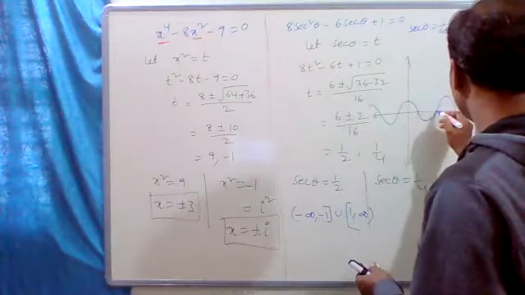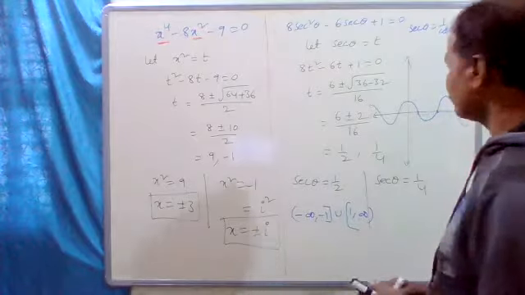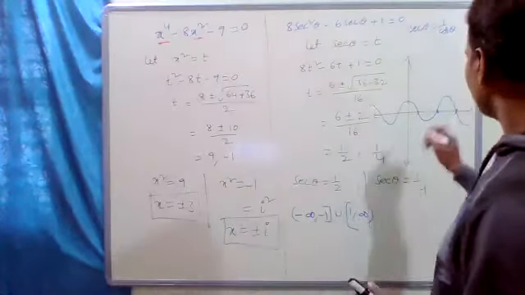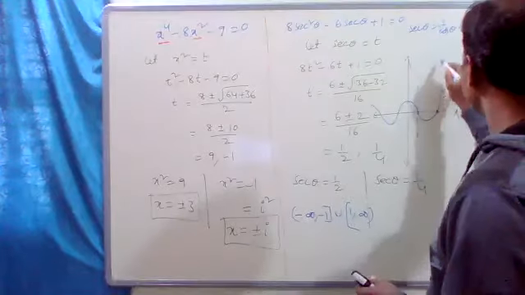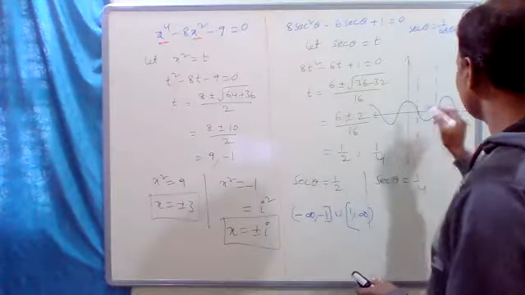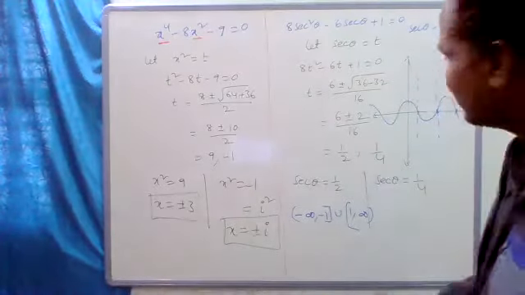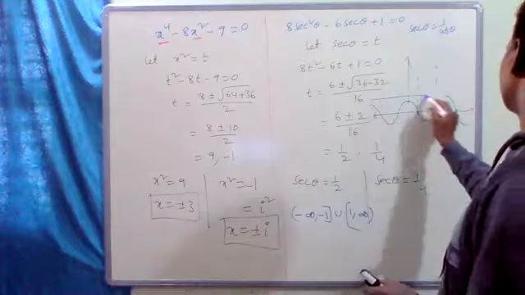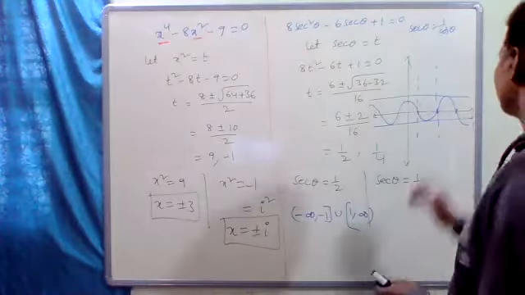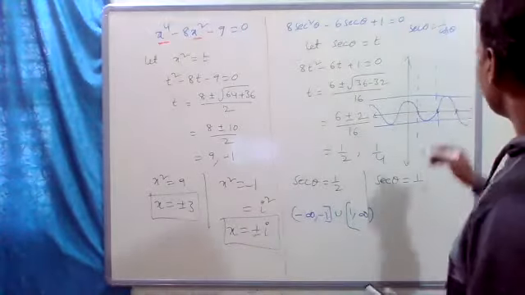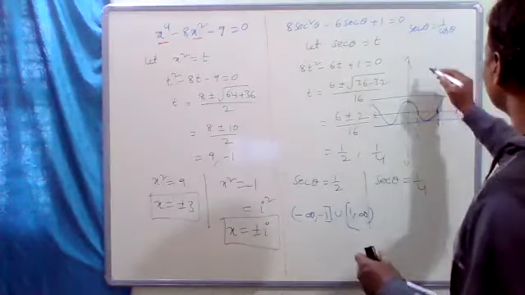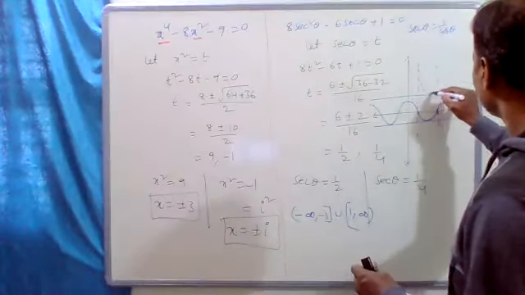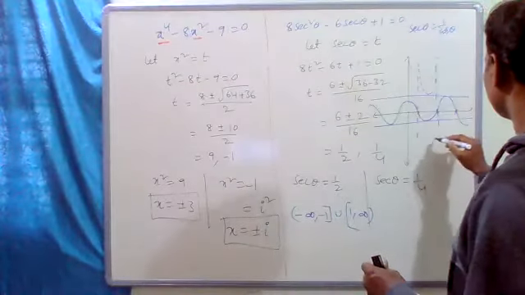So here cos is 0, here 0, here 0. Where cos theta is 0, secant theta goes to infinity. And this is the range of cos x. So the secant x becomes like this, like this.